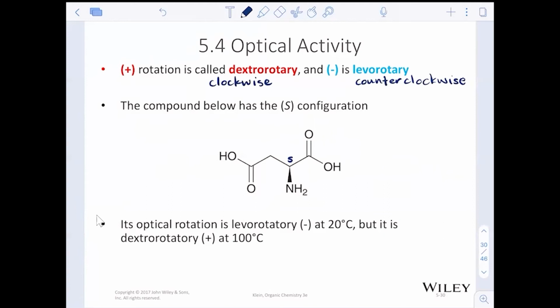This one's a unique compound because its optical rotation is negative at 20 degrees, but it's positive at 100. So do not correlate R and S with positives or negatives. You actually have to go into the lab to view optical activity. The magnitude and direction of the optical rotation cannot be predicted either. It has to be experimental.